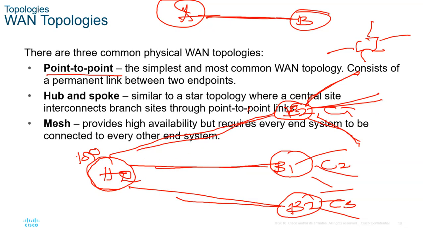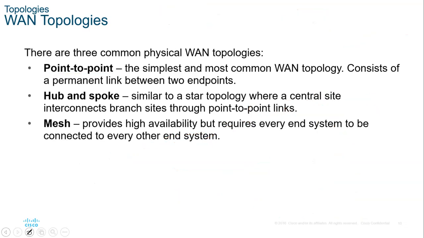Then we have mesh, which provides high availability but requires every end system to be connected to every other end system. Let's assume that we have a router here.